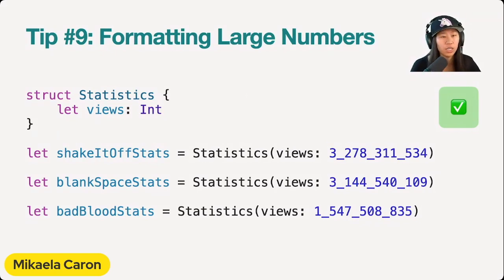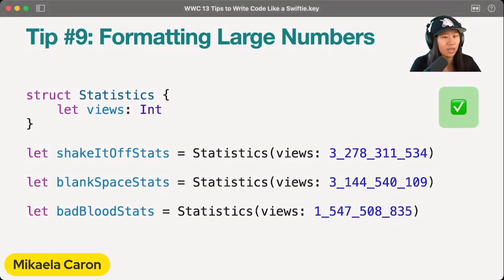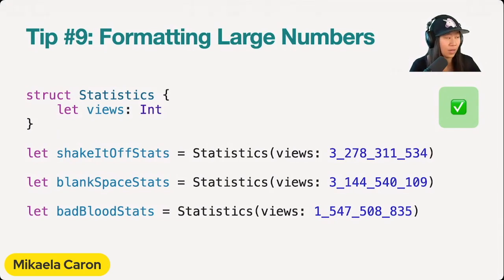Then we create an instance of shakeItOffStats, and when we input the value, we can use underscores to separate this number just to make it easier to read. So we have 3,278,311,534, and it's a lot easier now to read this number as opposed to before. If we didn't have any underscores, this number would be much harder to read. And same with all the others.